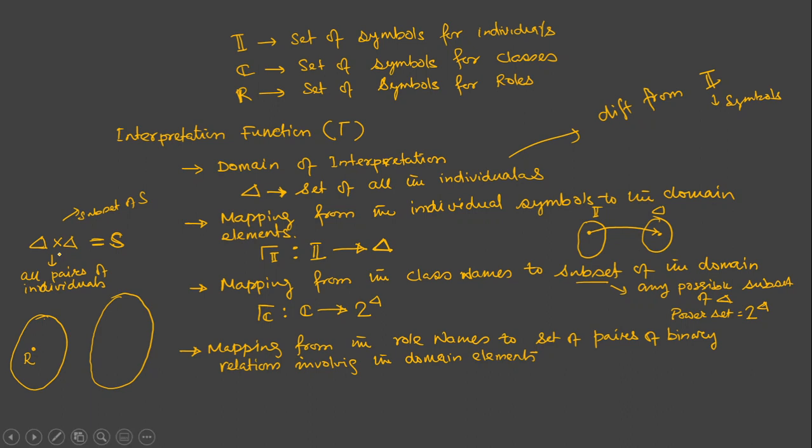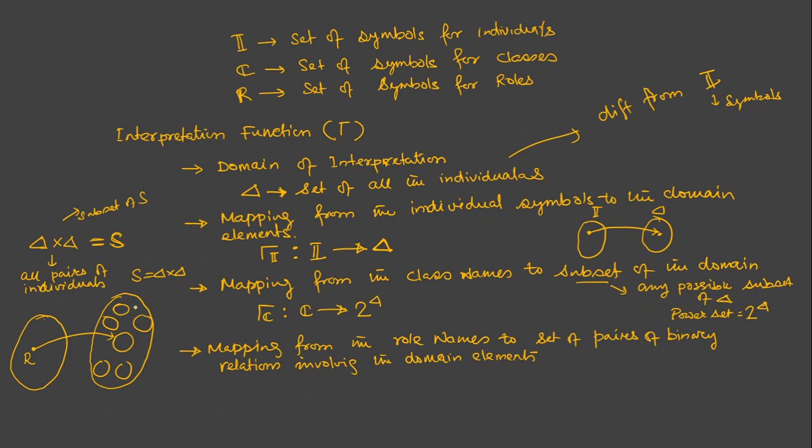So for example, if you take all the persons in the universe and I say has father, then a subset of all the pairs you can think of among these persons will be participating in this has father relationship, right? So this is your S, which is basically delta cross delta, and R will be a subset here, and you can think of many other subsets inside this set S.